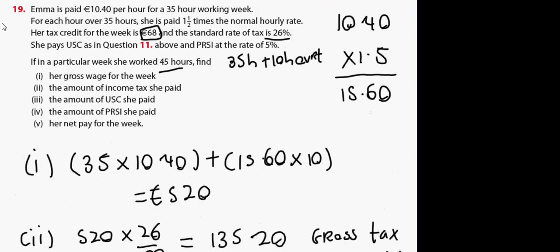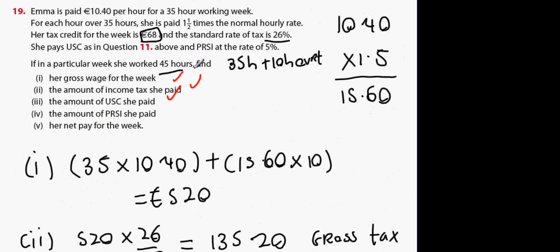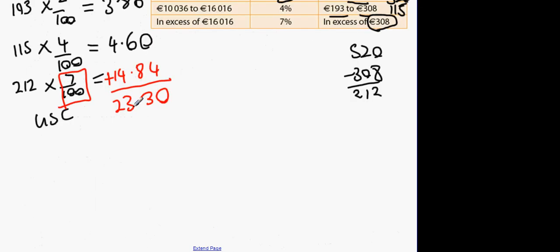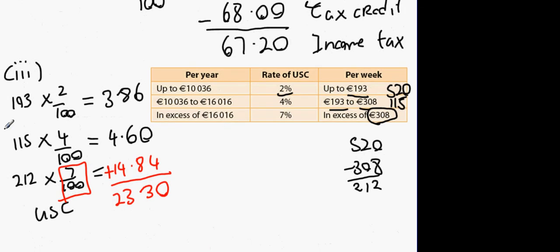Next one, PRSI. We pay 5% PRSI, okay? So number 4 is PRSI. So PRSI is just 520 multiplied by 5%. And what do we get?